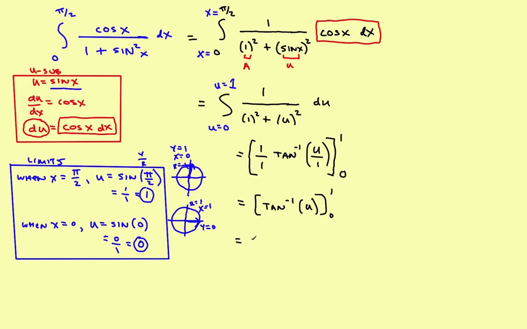So again, go ahead and plug in the 1 into the inverse tangent, minus the inverse tangent of the 0. So now you've got to figure out which one is which. What this one says is: what angle has a tangent of 1? Now again, let's just go ahead and draw a picture of this.